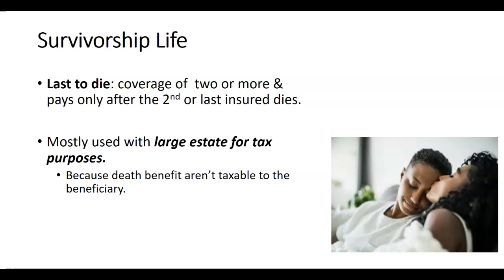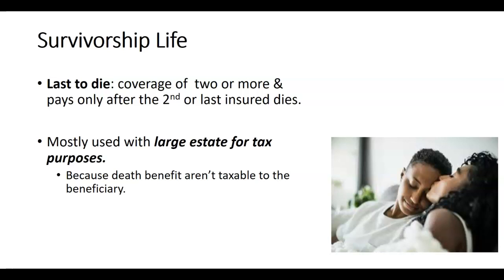So since the death benefit is not paid until the last death, the joint life expectancy is in a sense extended, which is going to give you a lower premium than what you'll typically get charged with a joint life insurance.